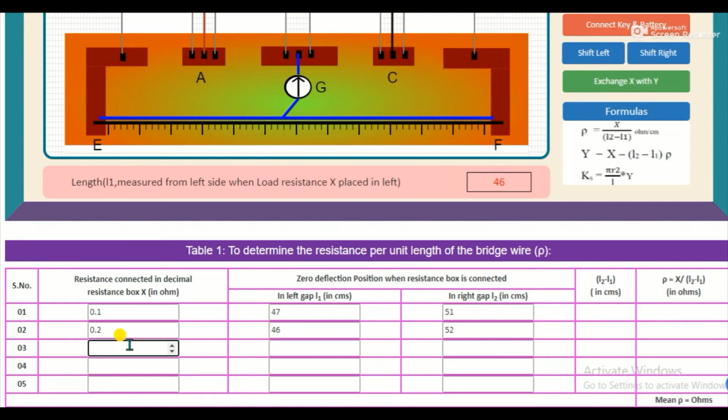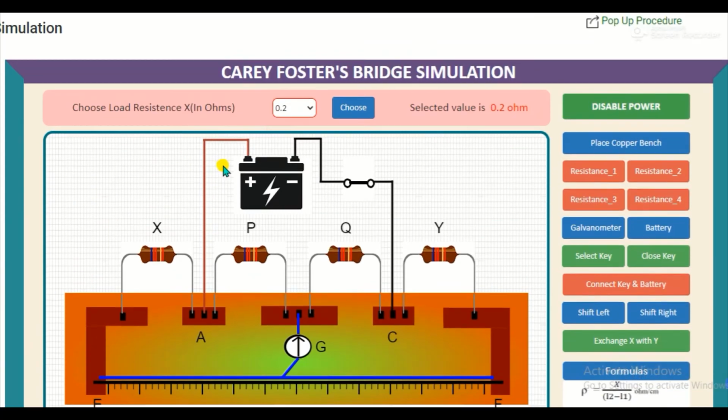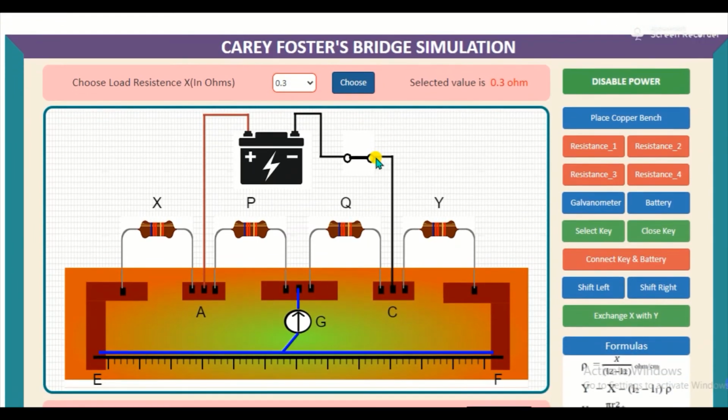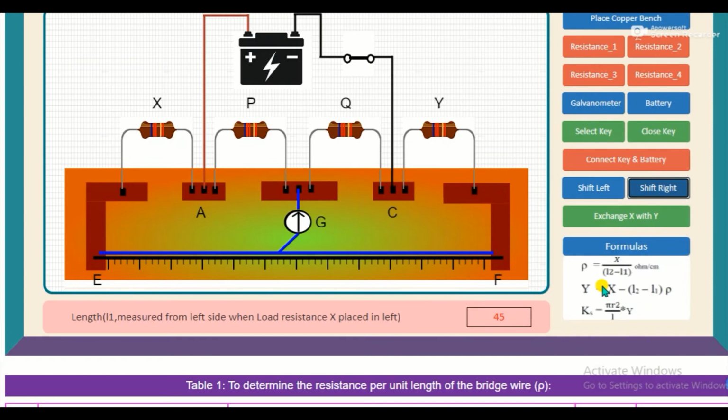Next we can do it for 0.3 ohms. Now it will be easy to do, as we have experienced it for 0.1 and 0.2 ohms. Let's do it. Okay, so this is 45.